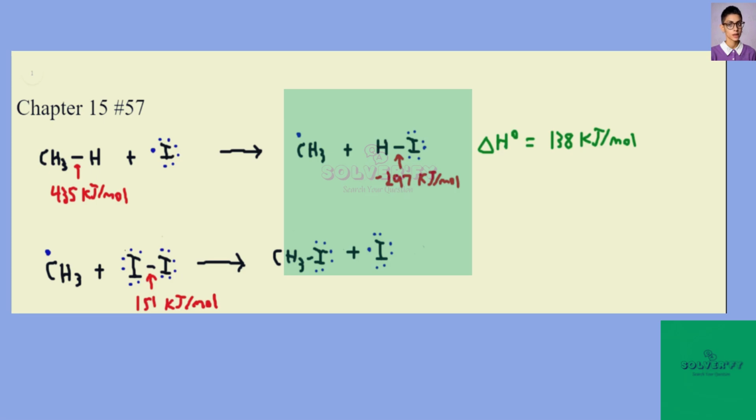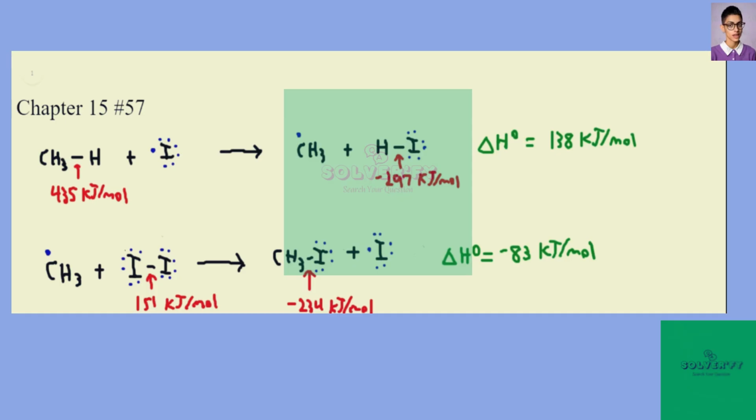And then forming the carbon-iodine bond releases 234 kilojoules per mole. When we add those together, we get negative 83 kilojoules per mole. So this is an exothermic step, but it's only weakly exothermic.